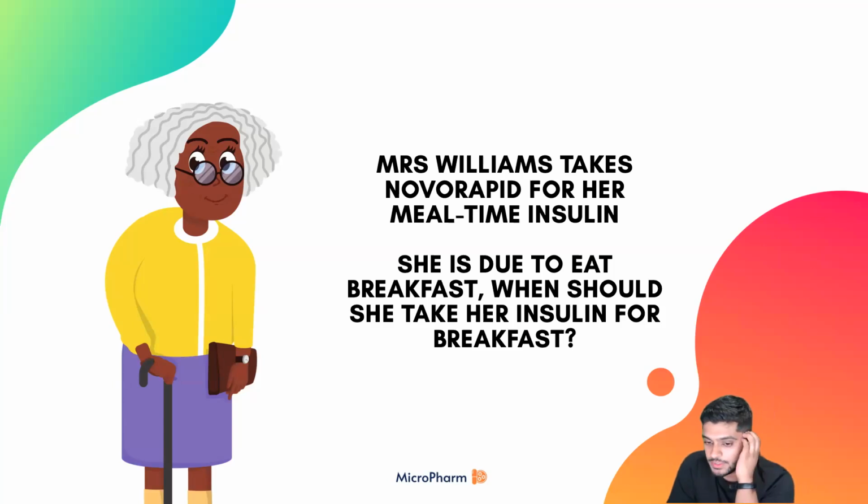Okay, I've got one person saying 10 minutes before, one person saying 30 minutes before, and one person saying directly before she eats. Okay, let's put a poll. Just bear with me. So A for directly before she eats, B for 10 minutes before, C for 30 minutes before.